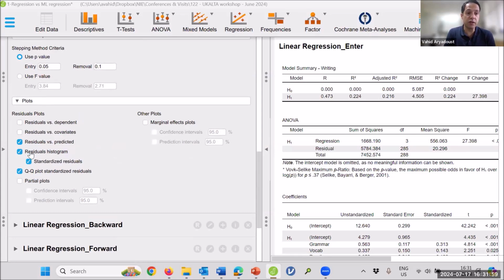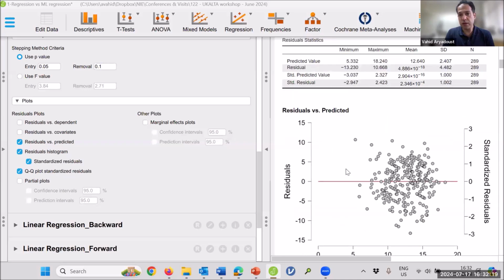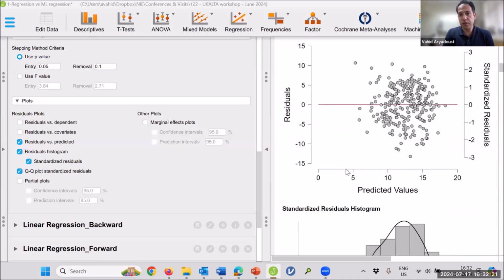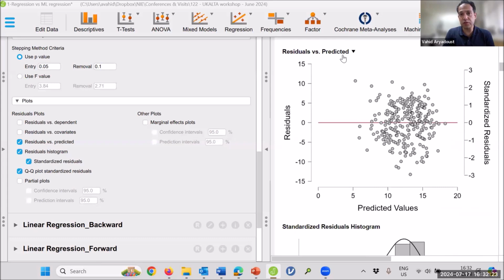If you like, you can also get residual diagrams because it shows you the normality of your residuals. So you will be checking two assumptions at the same time. Standardized residuals, of course. And finally, QQ plot of standardized residuals as well. So I'm going to scroll down on the output and take a look at residuals versus predicted.